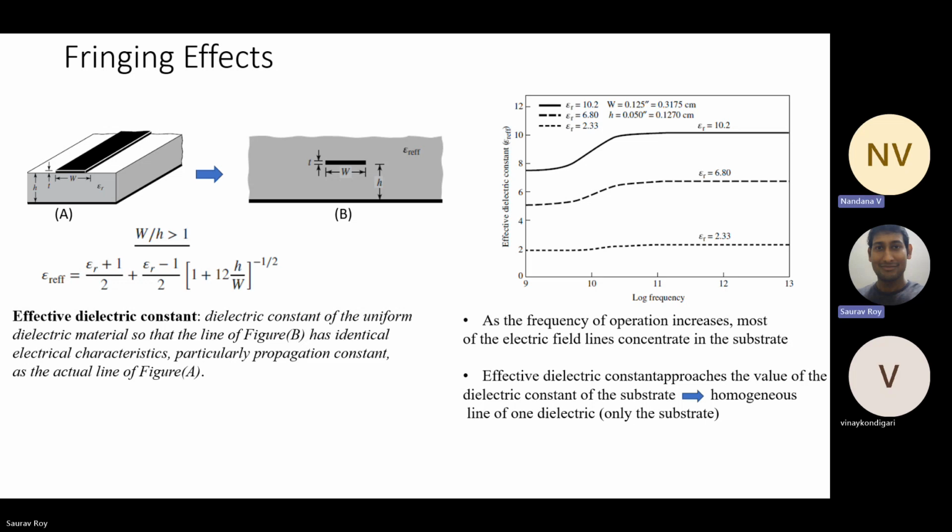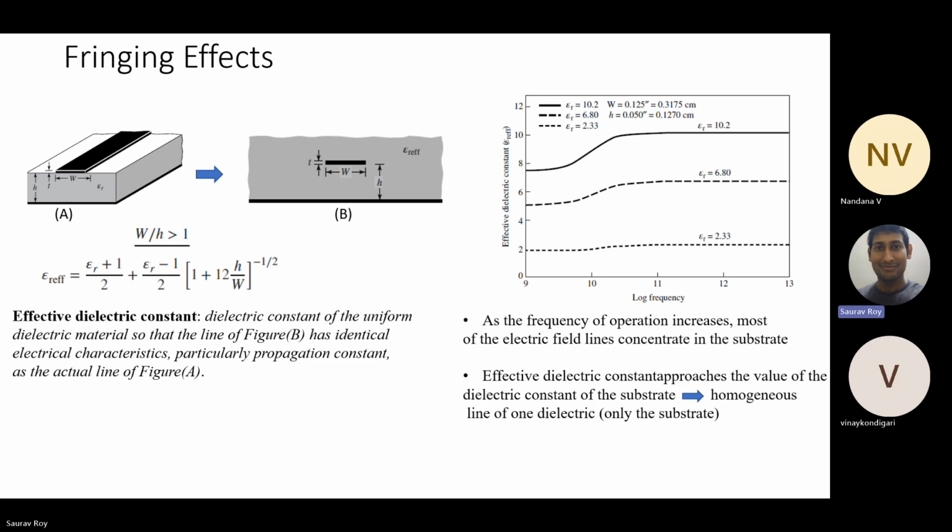This right side plot is epsilon effective versus frequency in log scale. As the frequency of operation increases, most of the electric field lines will concentrate in the substrate only. So epsilon effective tends towards epsilon r, it becomes constant.